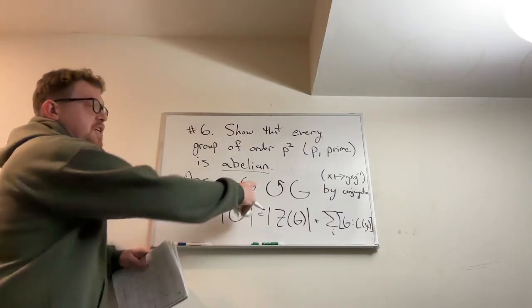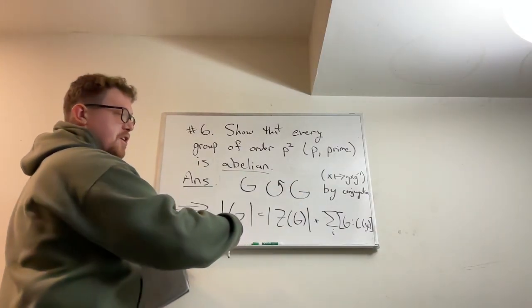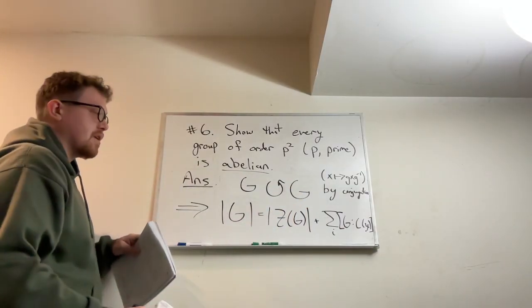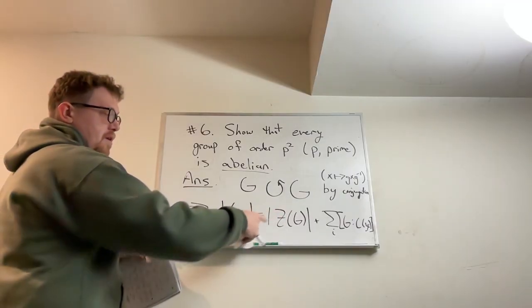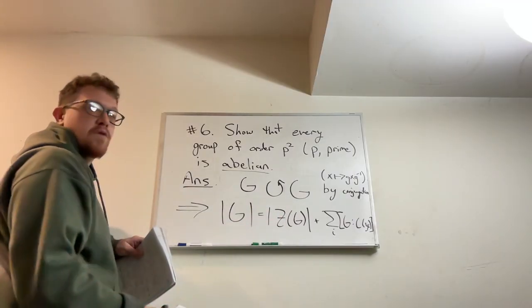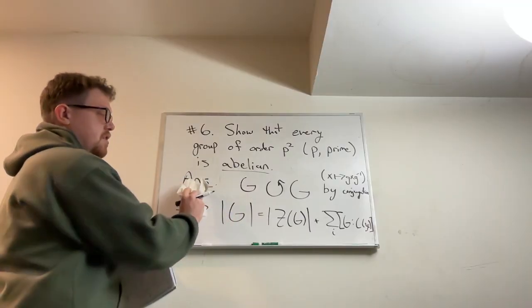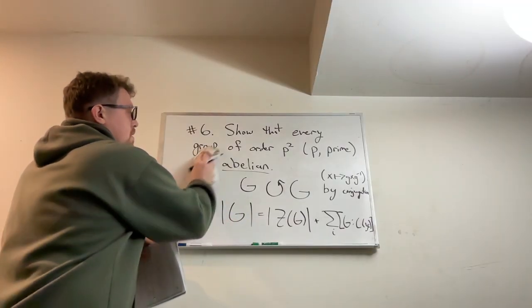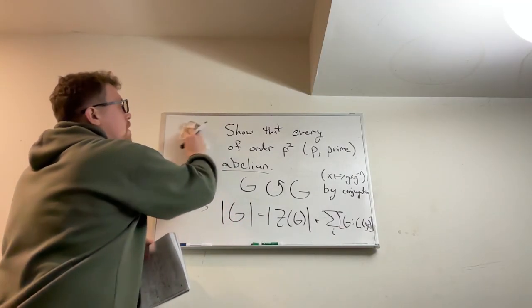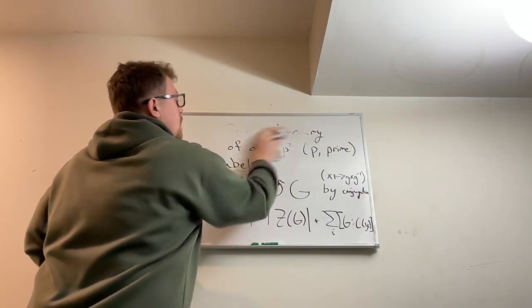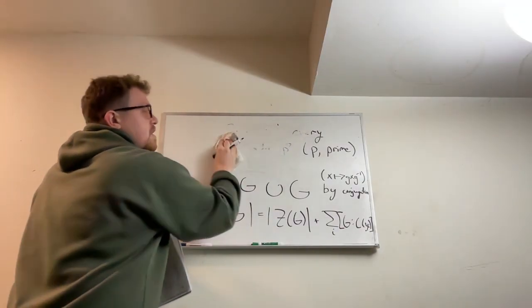All right, so G acting on itself by conjugation, we're going to write out this class formula, or the counting formula involving the indices in the case of the set being just G. So we're trying to show it's abelian.